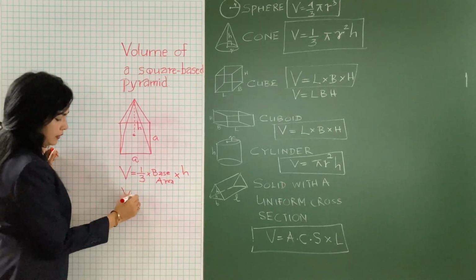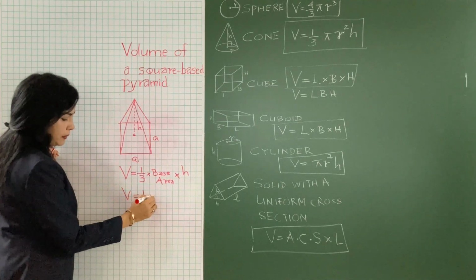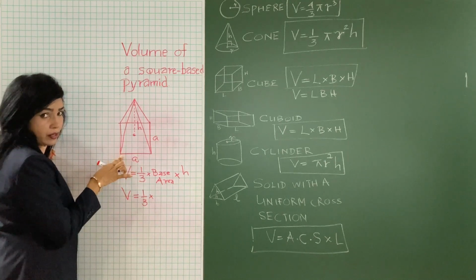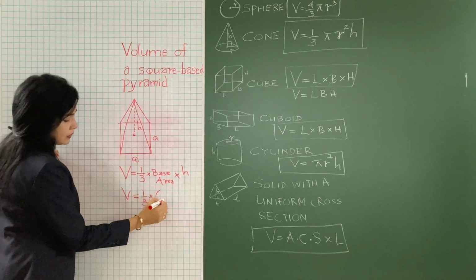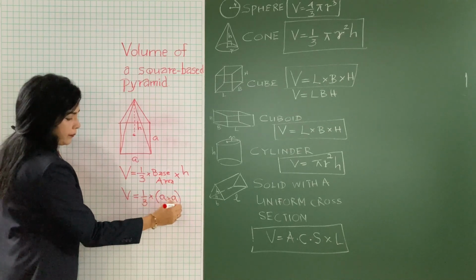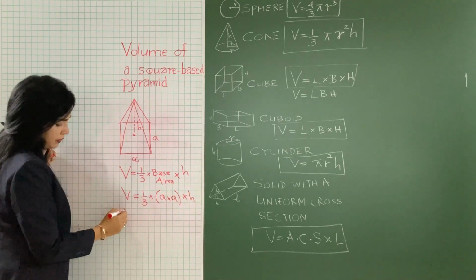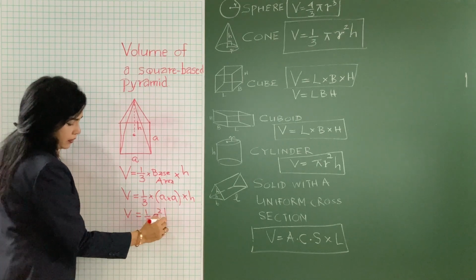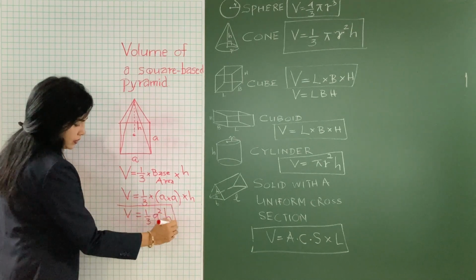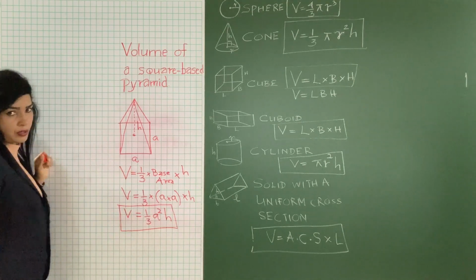Base area means 1/3 multiplied by base is a square. This is a square base pyramid. So base is a square, so it comes to A into A times H. So we can rewrite this as 1/3 A square H. So this is the square base pyramid formula.